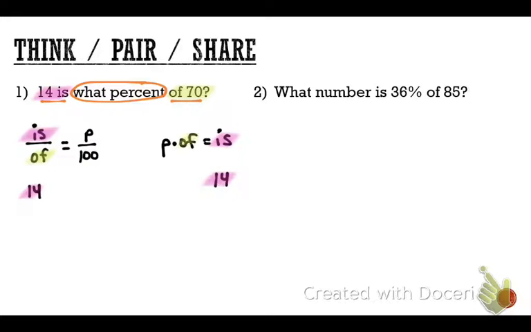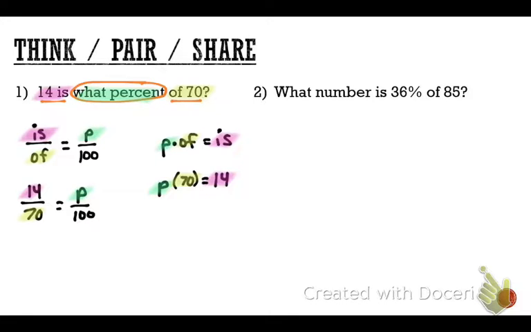So I'm going to plug in 14 over 70, and also multiply by 70. Do we know what our P is? No. Notice we are looking for the percent, the P. So I keep equals P over 100 and multiply it times P.